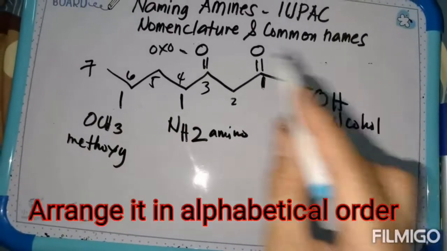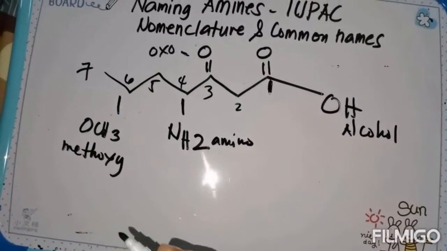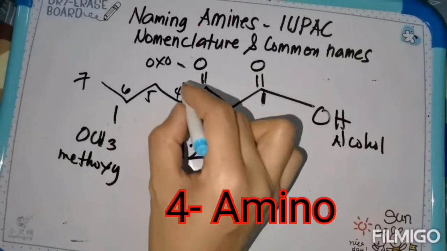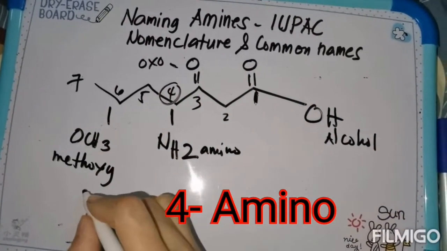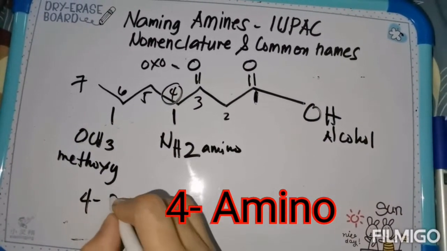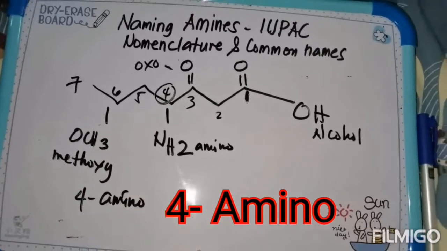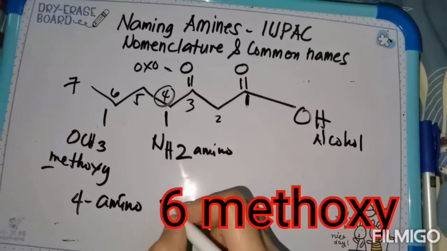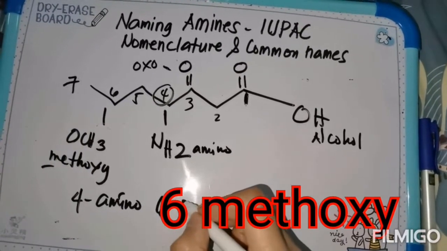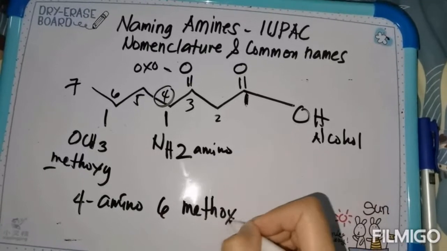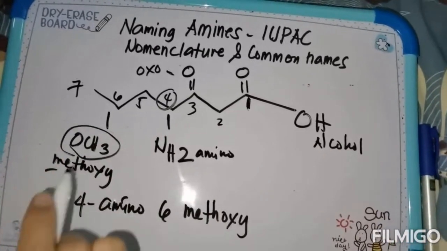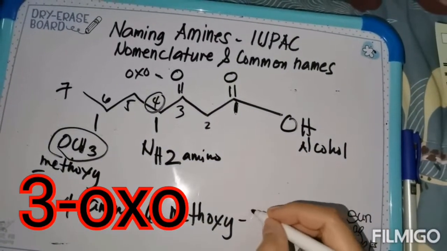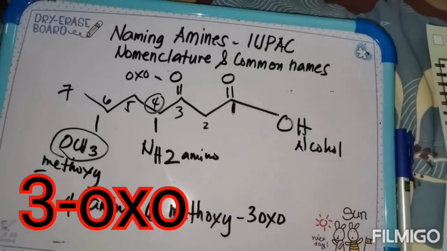So we are going to arrange these in alphabetical order. Okay, so amino is located at position 4. So we will name this 4-amino. Next comes the letter M in alphabetical order. So we have 6-methoxy. We call it methoxy. And after that, we have number 3 oxo as the ketone.